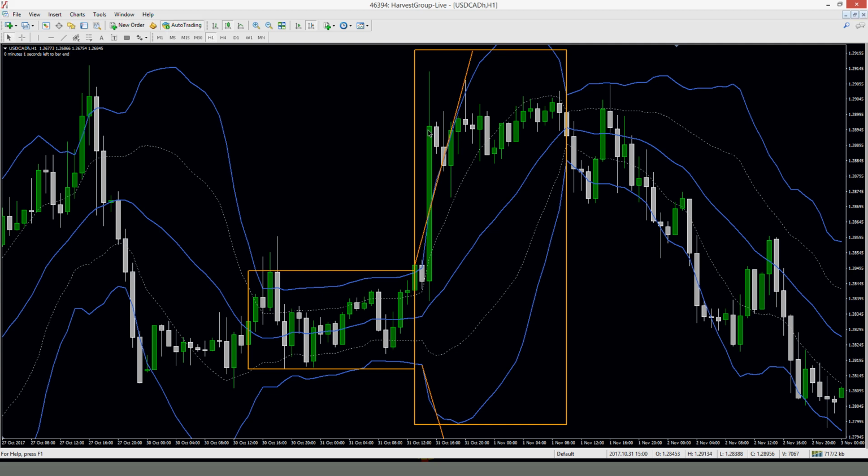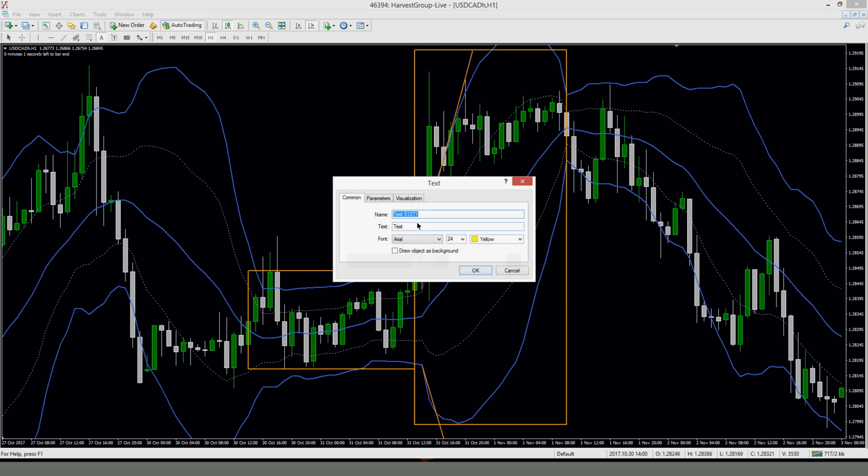When you have a momentum Bollinger Band, you need to know the definition of candlestick momentum. Let me type it down here.